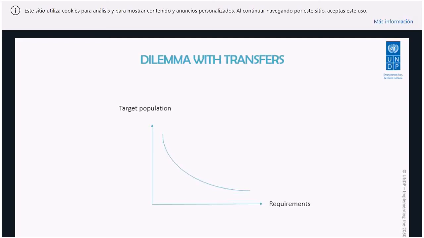And I would like to relate this subject to a typical dilemma. From the perspective of governments, of the policymakers, probably you are policymakers, right?